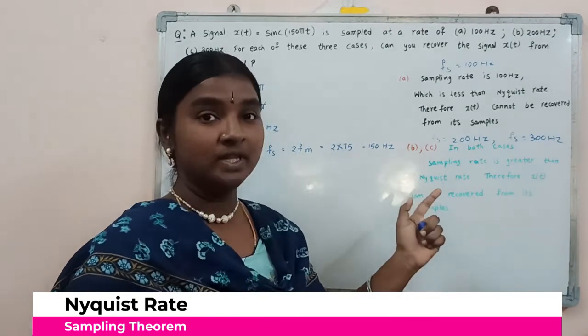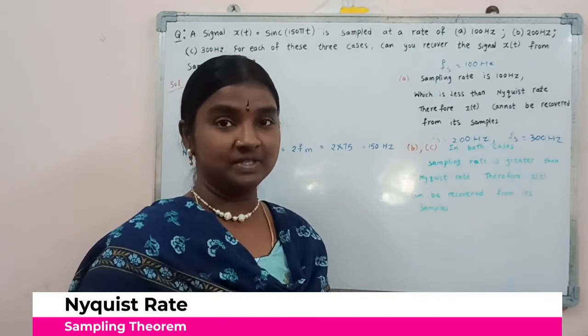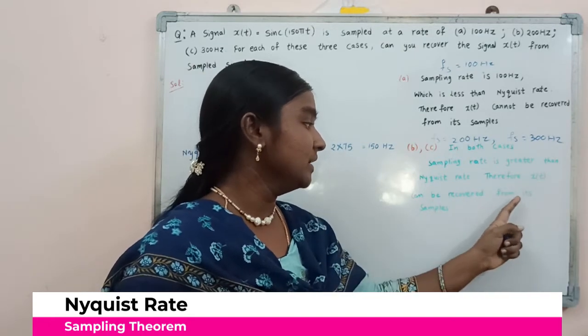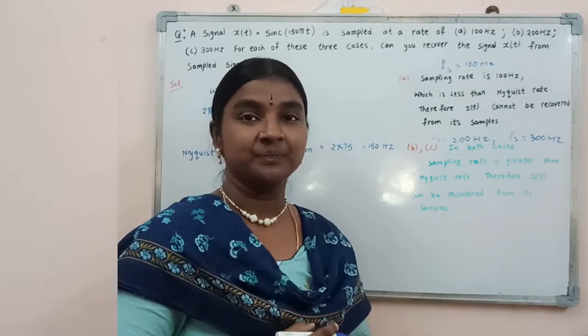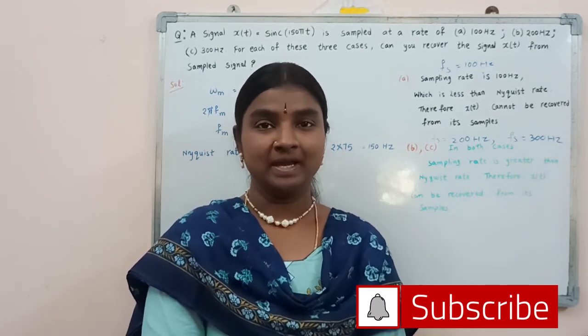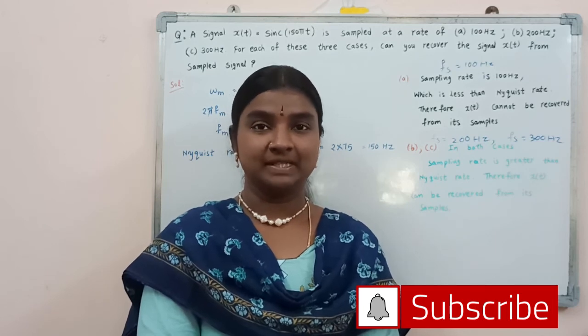In both these cases, the sampling rate is higher than the Nyquist rate, therefore x of t can be recovered from its samples. So in this video lecture, I explained how we find the Nyquist rate, that is, the sampling frequency Fs.